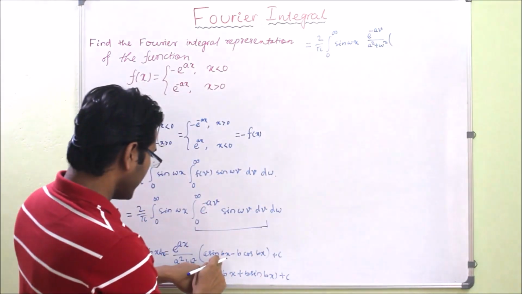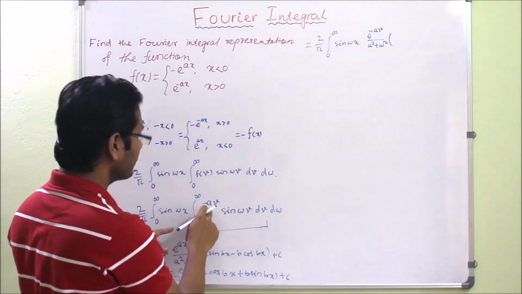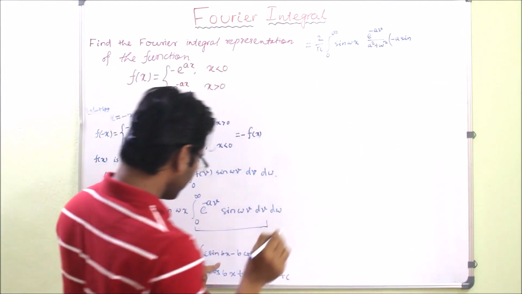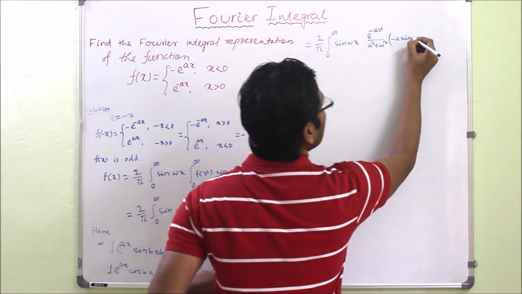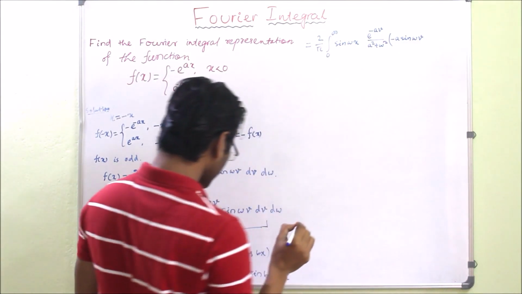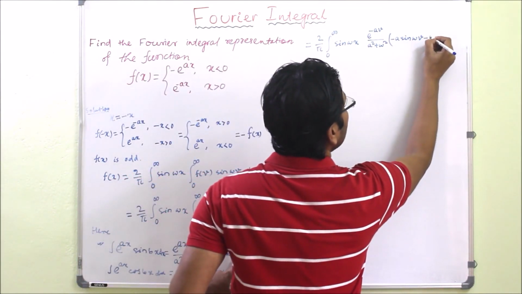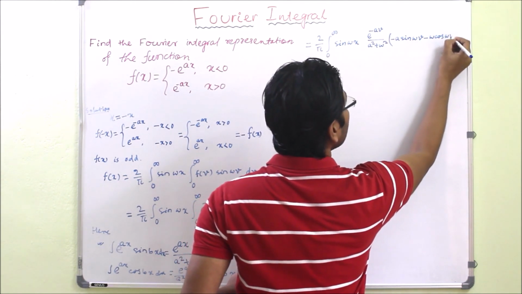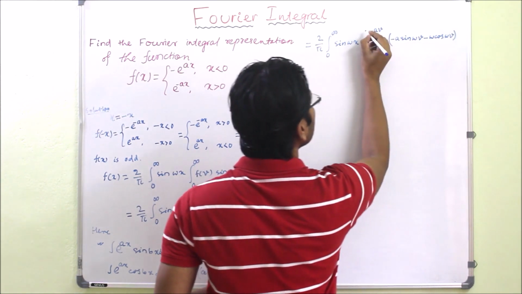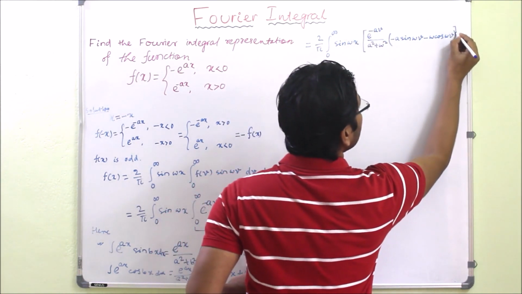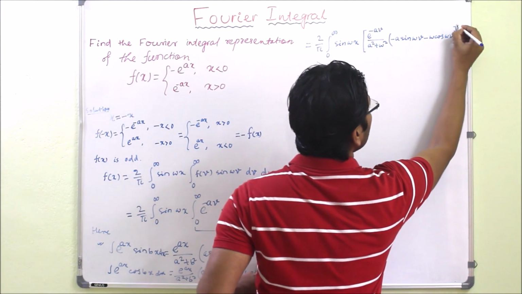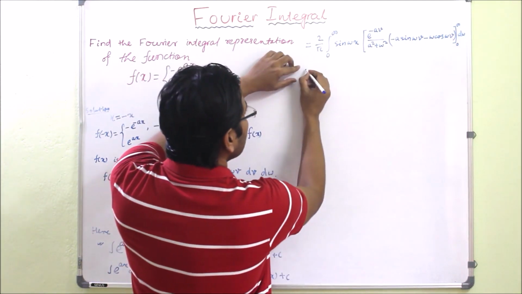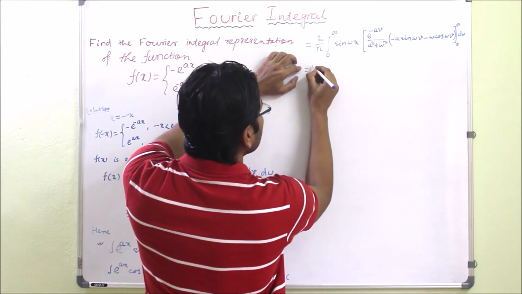In place of a we have minus a, so minus a sin wv, and in place of b we have w, so minus w cos wv. This is the thing, and the limit will be from 0 to infinity, then write dw. Finished. Now we will solve this bracketed value first.